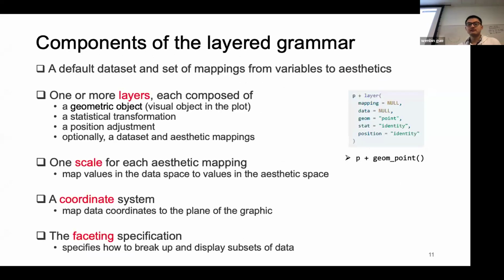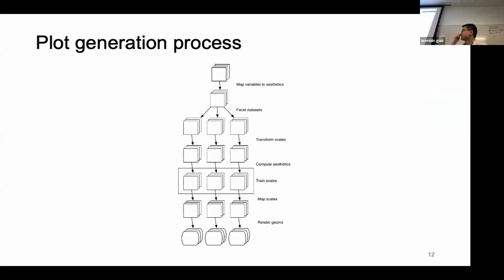After we do the layers, I still want to mention the plot generation process. We have our original data, and then we map the variables to the aesthetics based on the facet specification. We split the data into sub-panels, and for each of them we transform the scales and compute the aesthetics.